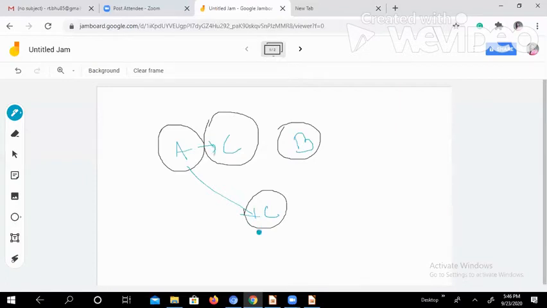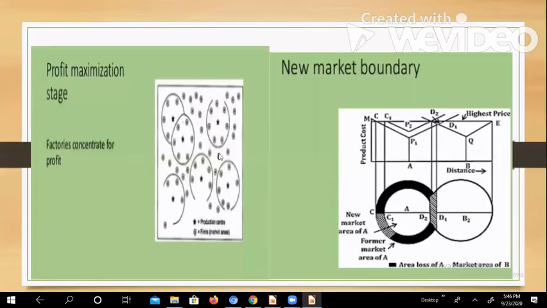So to reduce transportation cost, to enhance profit, and to give service to the places which were unserved before, these central places come close to each other. So this is profit maximization.